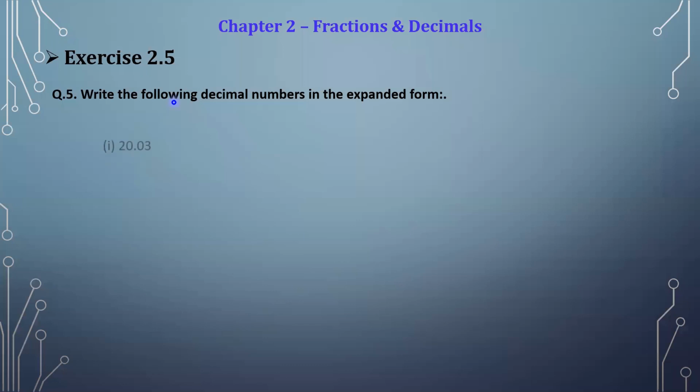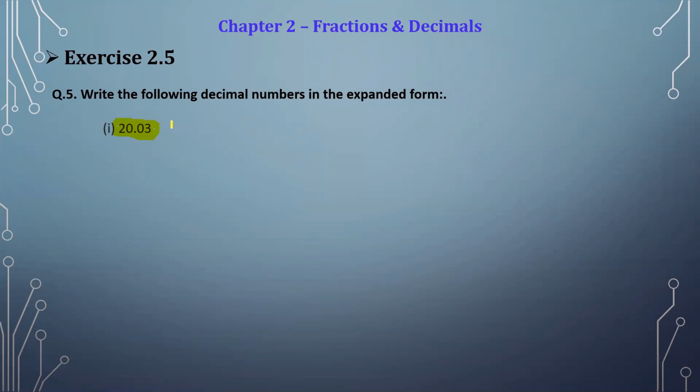Suppose the first example is 20.03. Now if we consider this 20.03, the nature of that number is a decimal number.